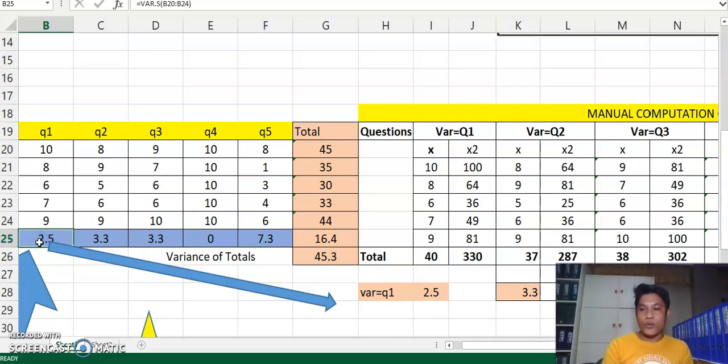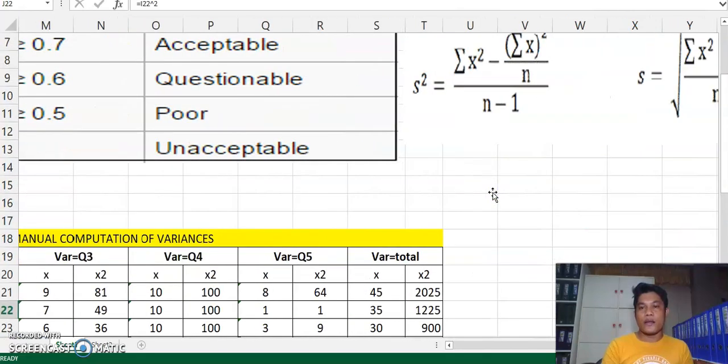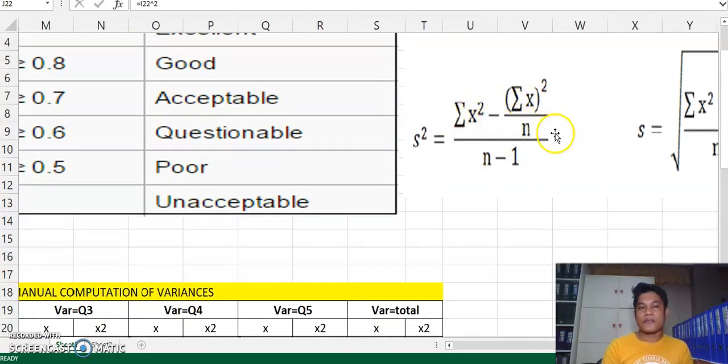But if I ask you to do the manual, you have to get the square of every x, then get the sum of the squares and put it in the formula. And the formula is this: the summation of x squared minus the summation of x, squared, over n. And this is now your variance.